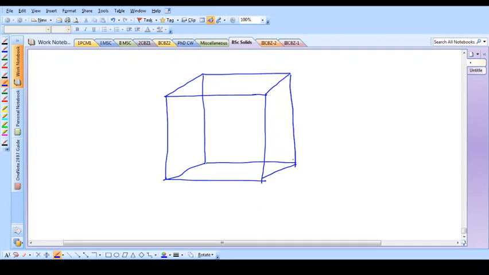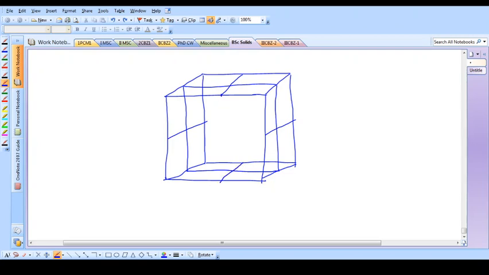So first you have to draw a cube, then you have to divide this cube into 8 small cubes. So divide each face into 4 squares. One face is divided into 4 squares. This surface is also divided into 4 squares. This surface is also divided into 4 squares. This is also divided into 4 squares.